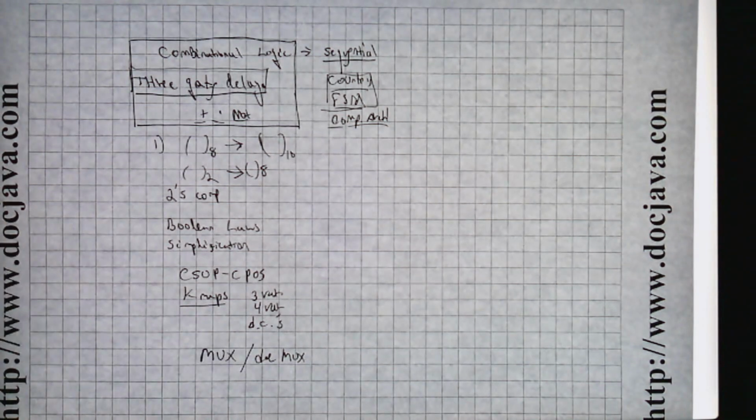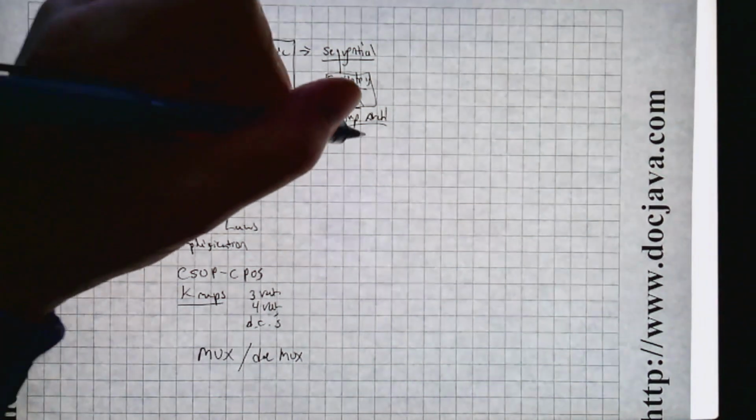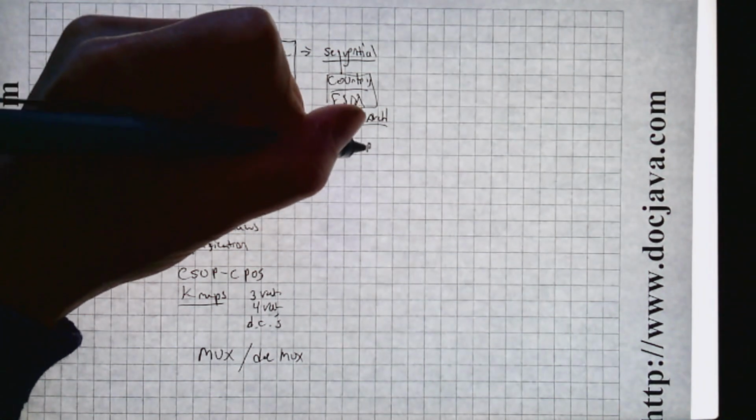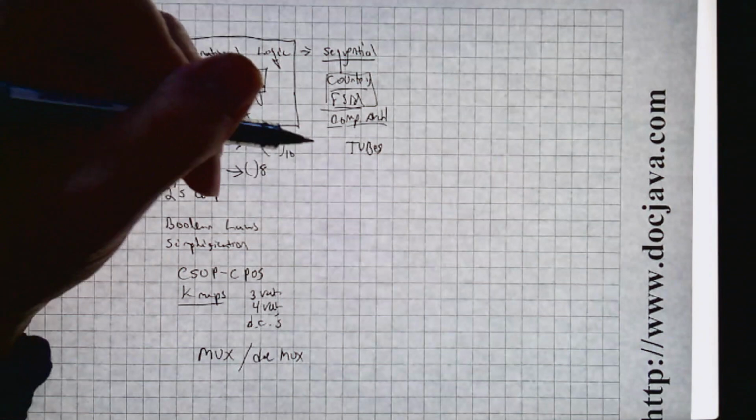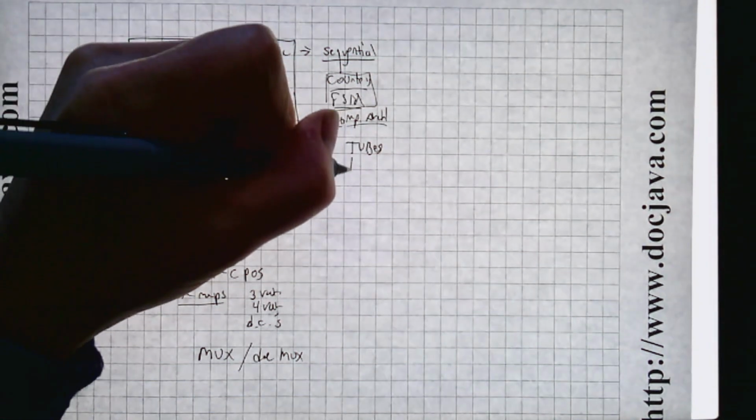You can kind of see there's a lot in this course, right? Because it all builds up on itself. Let's see, there's a little thing in there about vacuum tubes. LEDs.